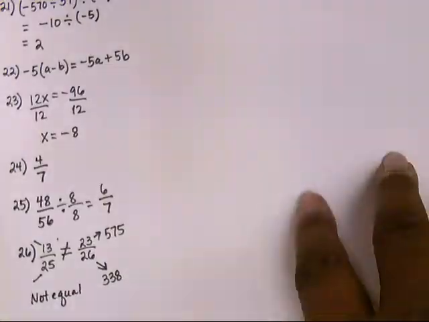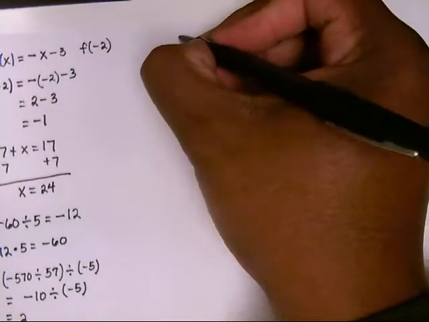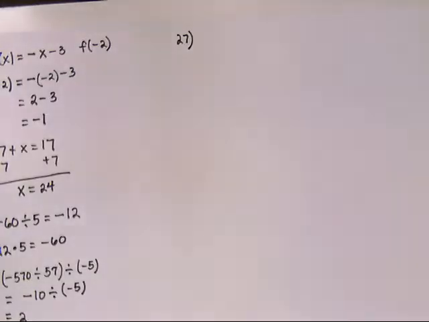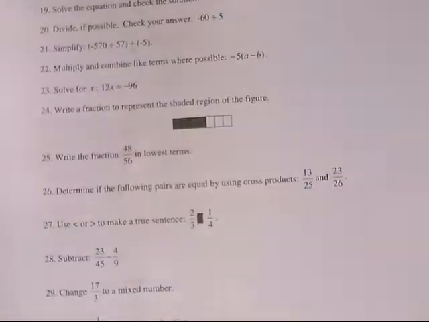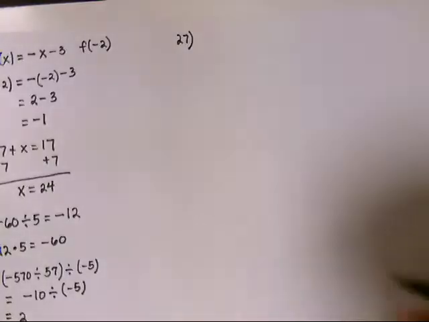Alright, now number 27. In 27, you're going to use less than or greater than to make a true sentence. 2/3 and 1/4. I want to know if 2/3 is either less than or greater than 1/4.